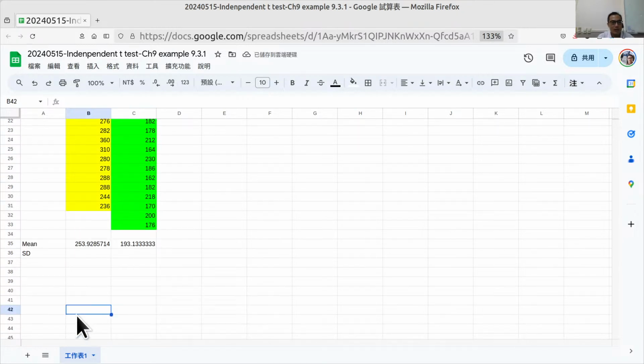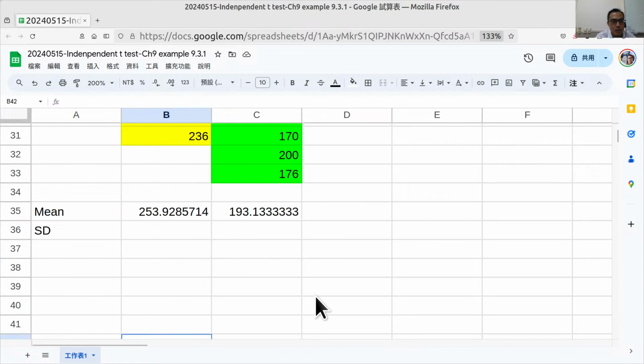And here, so far we can see the average cholesterol level of the patients is 253, close to 254. The other group is 193. Can you say they are different?